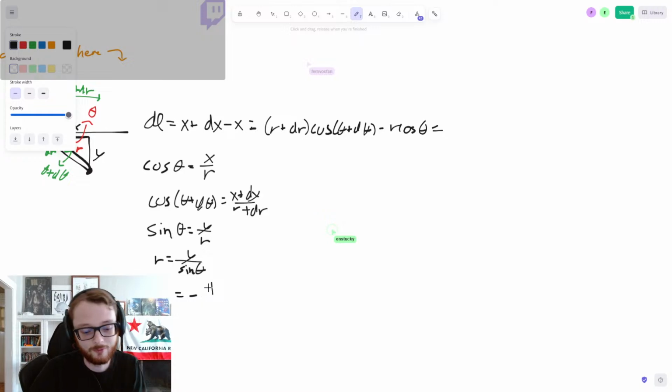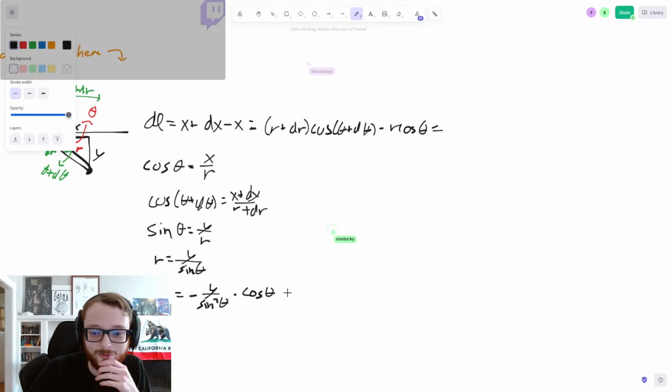Minus y over, well, that's just cosecant? I don't know the derivative of cosecant. Well, that would just be cosine, right? Is this what I have okay?